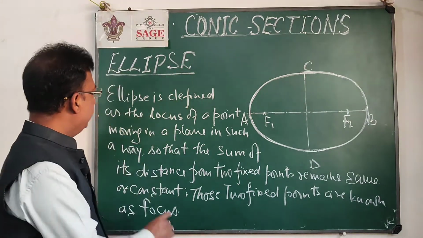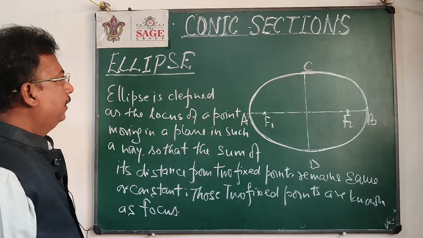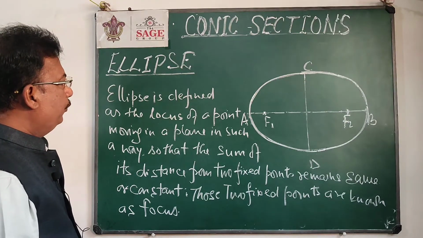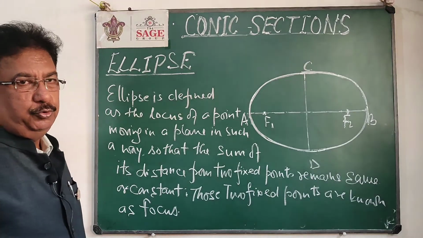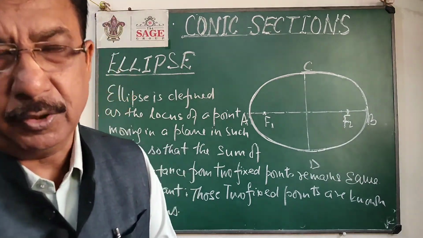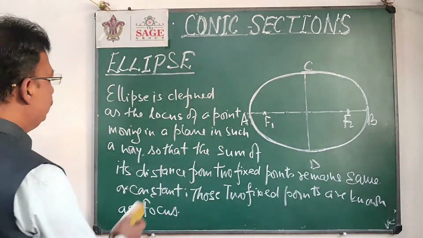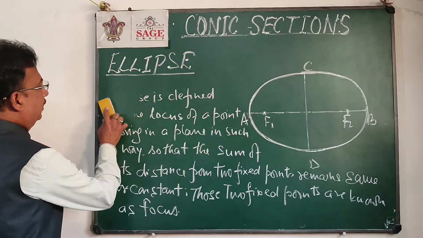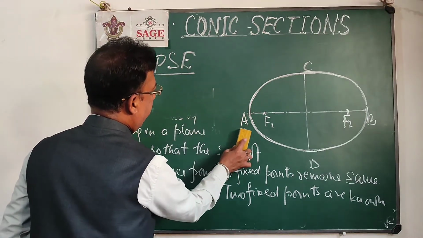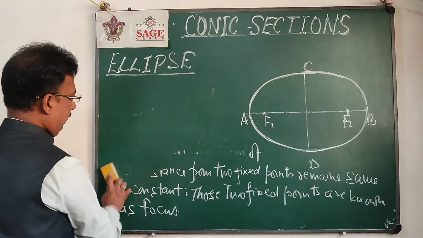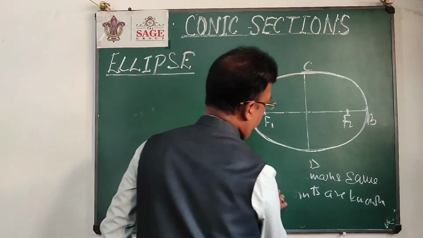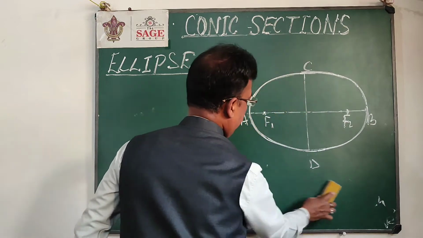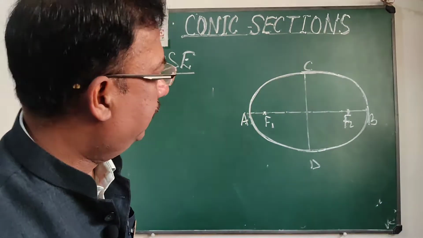According to my definition, the point will move in such a way that the sum of the distance from the two fixed points remains constant. If I want to justify in this figure whether this definition is correct for the ellipse in the form of a locus, I can prove it mathematically.